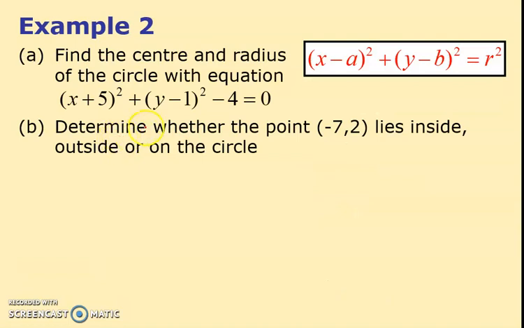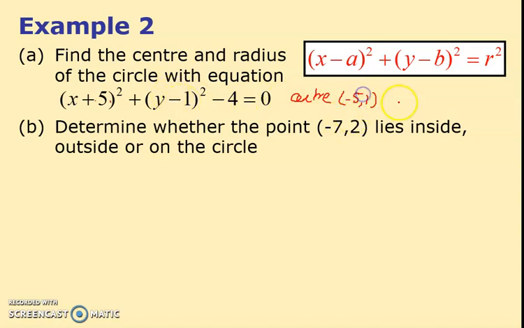Next question, what's it say? It says find the centre and radius of this circle. Now this is a backward one, isn't it? It's telling you the equation. It's saying what was the radius, what was the centre. And it says 5. So notice my centre, you just look at the numbers. It says 5, so I know its centre is minus 5, comma. It says minus 1, so I know it's plus 1.